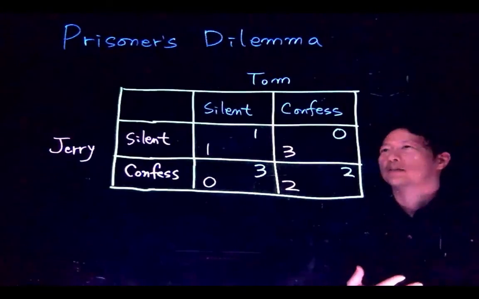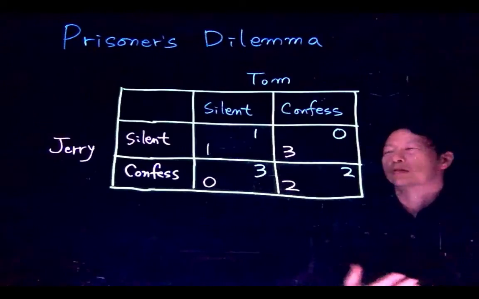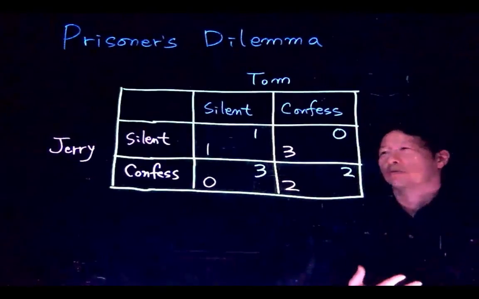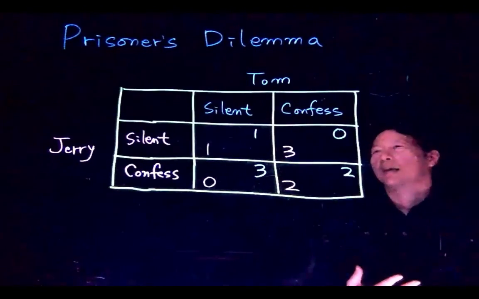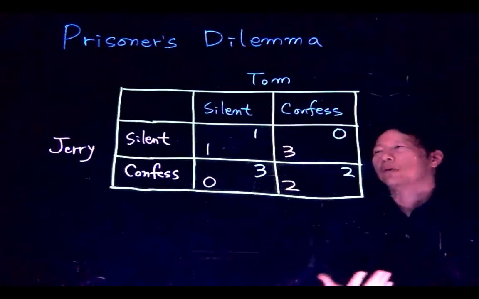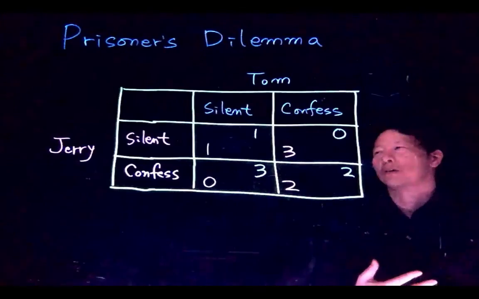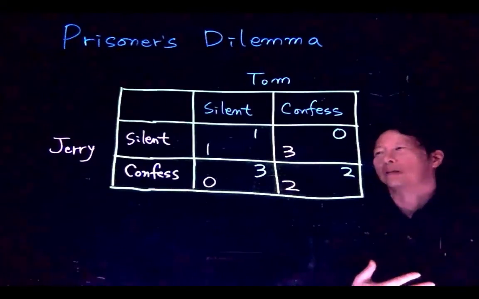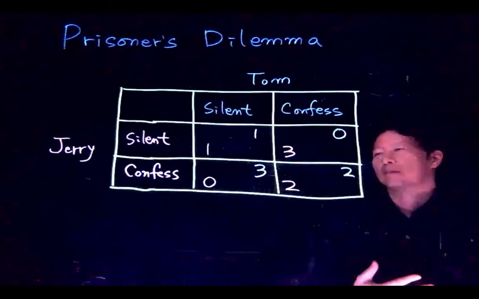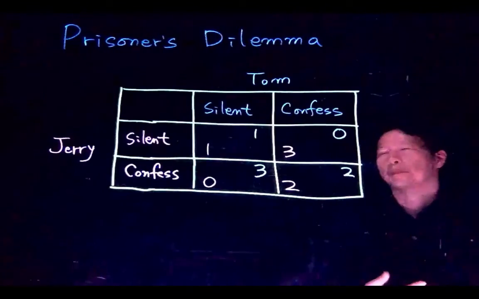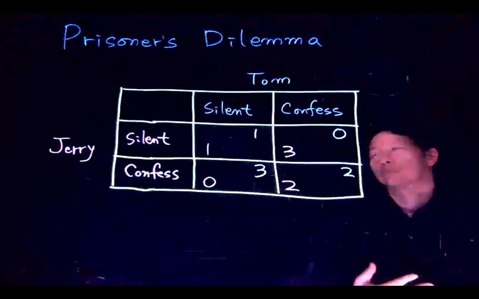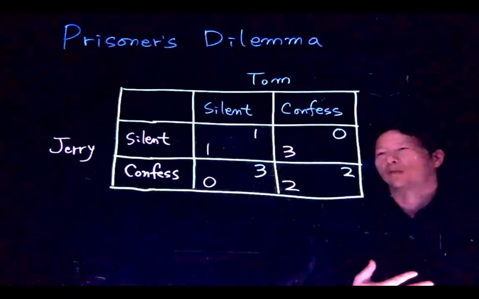So they put these two criminals into separate rooms and try to interrogate them. And then they suggest, if the criminal helps the police, they can set the criminal free, but the other criminal will stay a longer time.